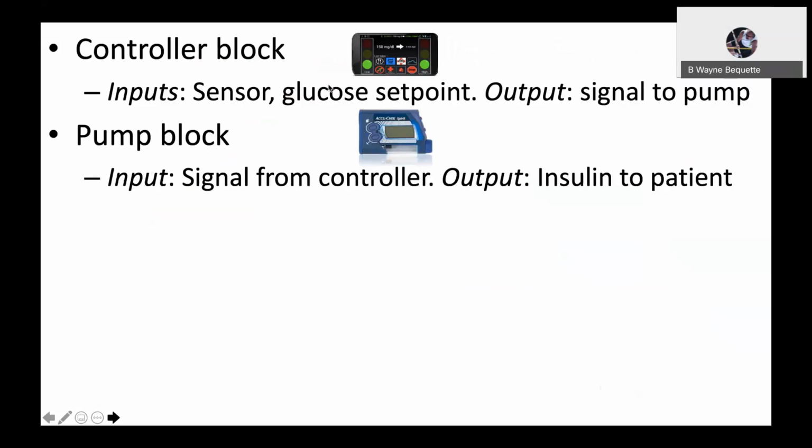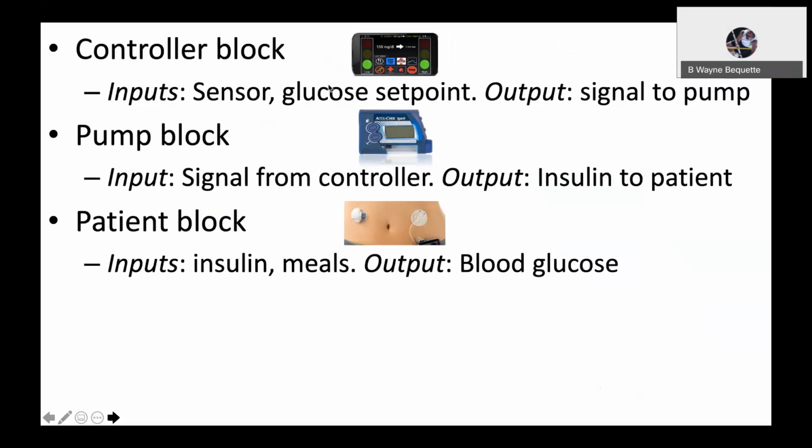Similarly, you'll have a block representing the insulin pump taking the signal from the controller, and the output is the actual insulin being delivered to the individual. Then you'll have the individual patient block, which is taking insulin as well as meals. It could even include exercise as something that affects blood glucose. Then the output of the individual is the actual blood glucose value.